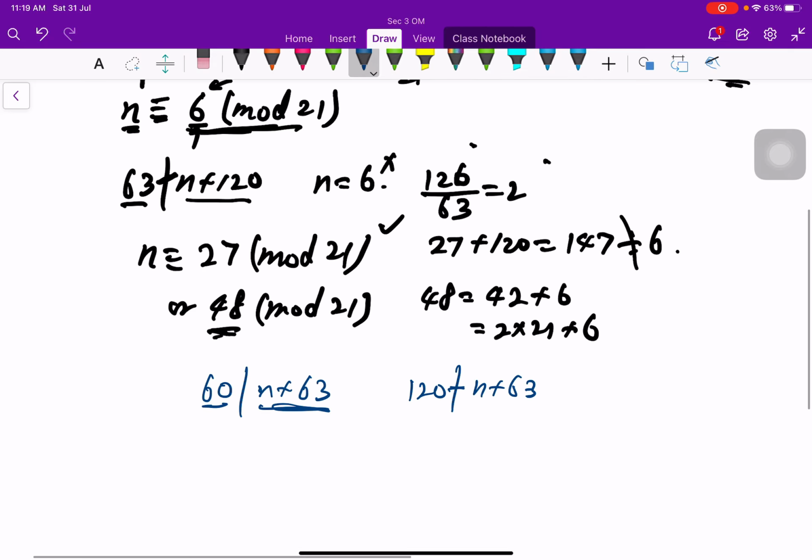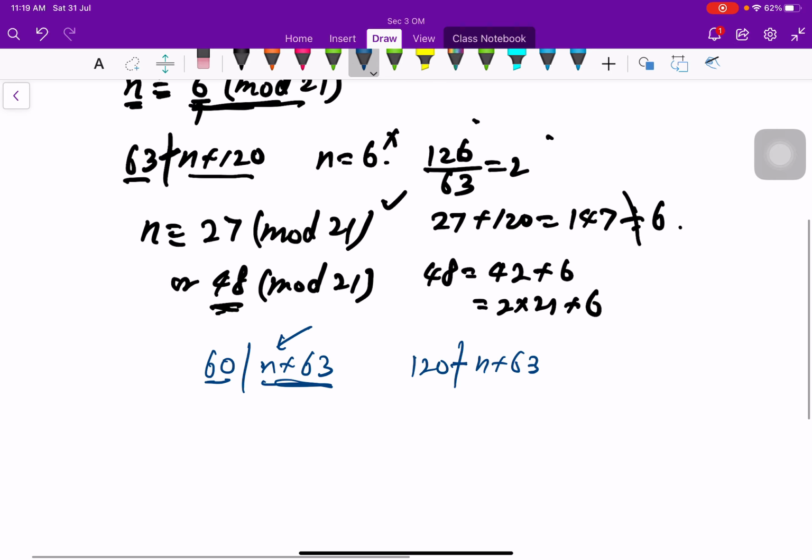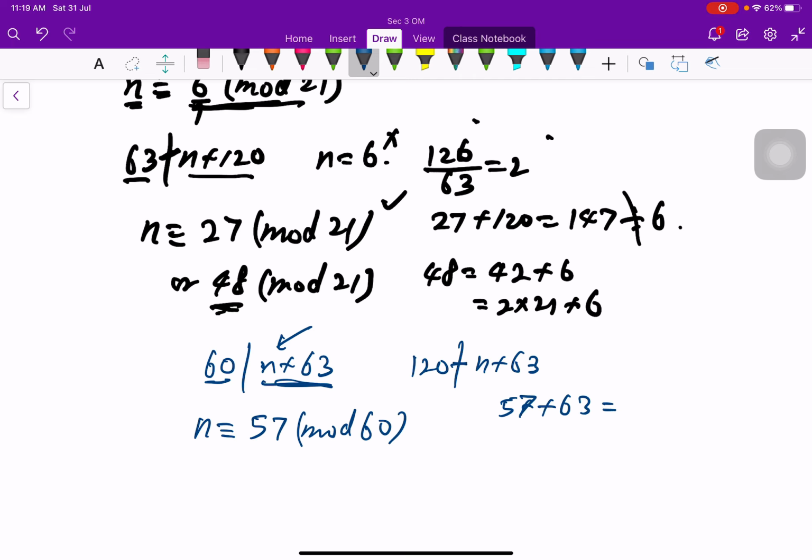Therefore, how do you make it a divisor? That means your n is congruent to 57 modulo 60. I mean very obvious, because 57 plus 63 is actually 120.